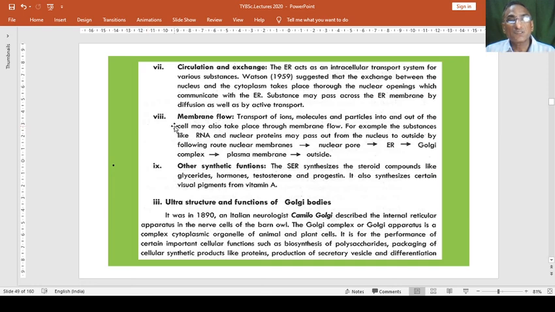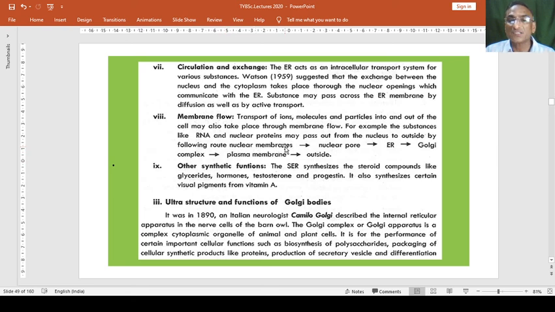Eighth function is membrane flow. The transport of ions, molecules, and particles into and out of the cell may also take place through membrane flow. For example, substances like RNA and the nuclear proteins may pass out from the nucleus by following the route of the nuclear membrane.